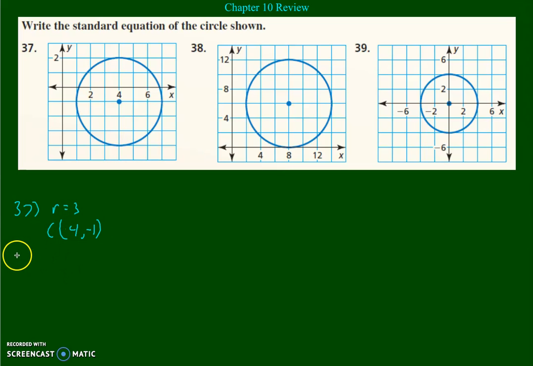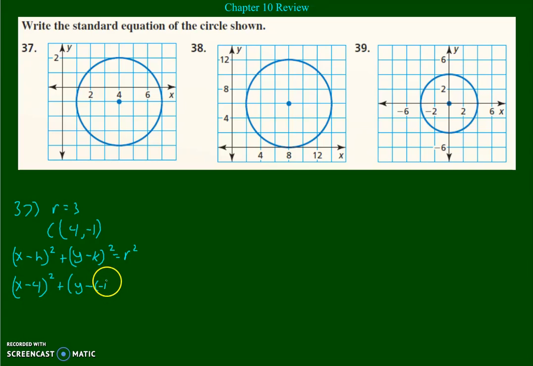And so our equation is x minus h squared plus y minus k squared equals r squared. To substitute in here, our h is 4, so x minus 4 squared plus y minus our k, which is negative 1.